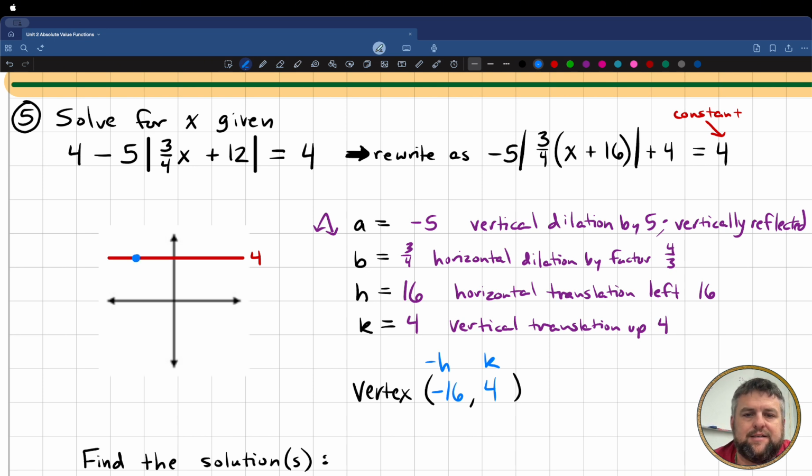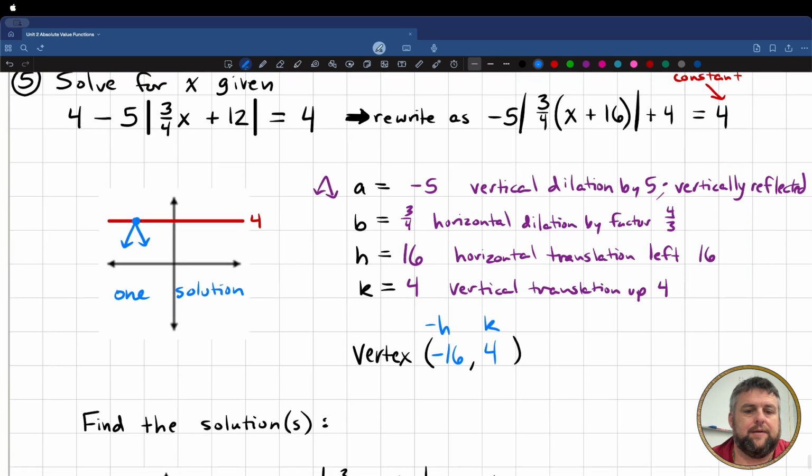And because it's opening downwards because of the a value, this is going to tell us we're expecting one solution. And it's exactly on the line. And just from that graph alone, this should tell you exactly what the x value should be, our value for x that we're looking for. Okay.